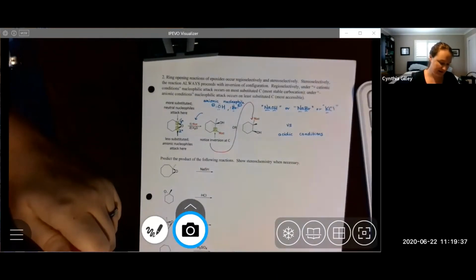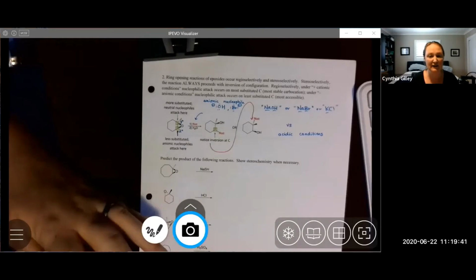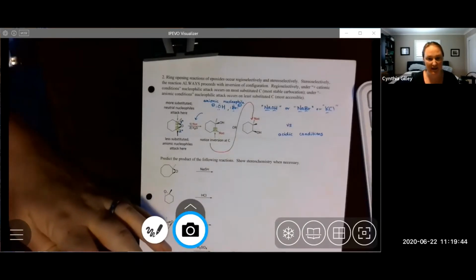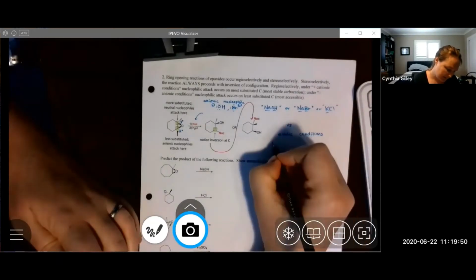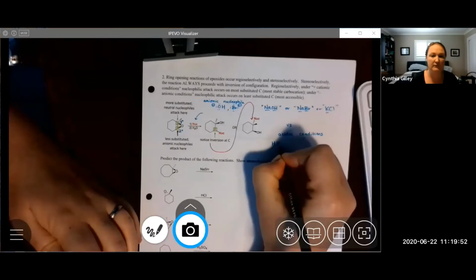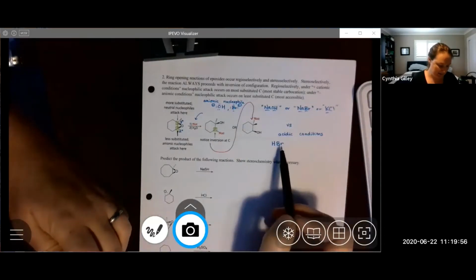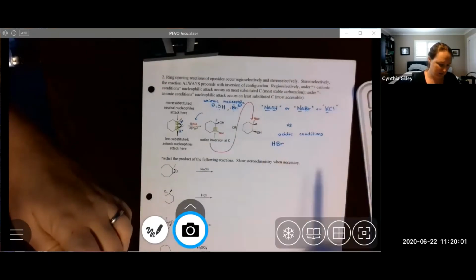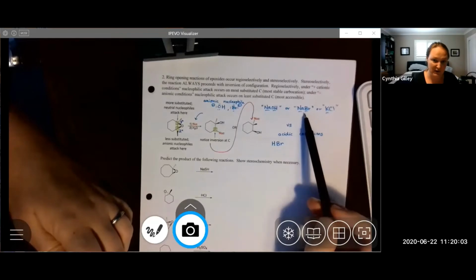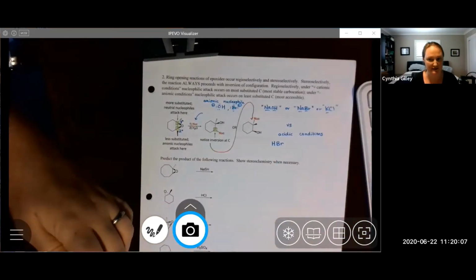The acidic conditions will be different. This is when you clearly have an acidic proton in addition to the nucleophile. Some examples of this might be HBr. It might seem like this is the same condition, but treatment of the epoxide with sodium bromide versus hydrogen bromide are two totally different things.